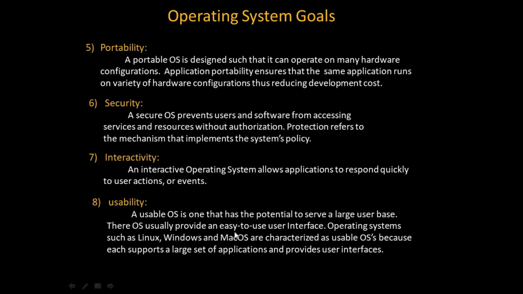So we see that in our modern operating systems, we have easy to use interfaces. And also operating systems such as Linux, Windows, and Mac OS are characterized as usable operating systems because each supports a large set of applications and provides a user interface. So a usable operating system is one that has the potential to serve a large user base.